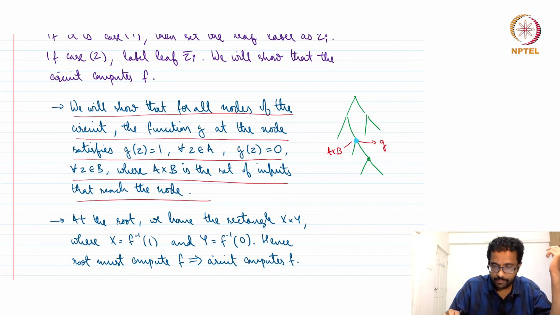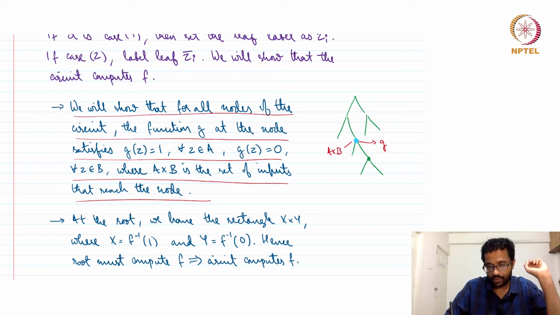The claim is that for whatever inputs Z contained in A, G of Z is equal to 1, and for whatever input Z contained in B, G of Z is equal to 0.